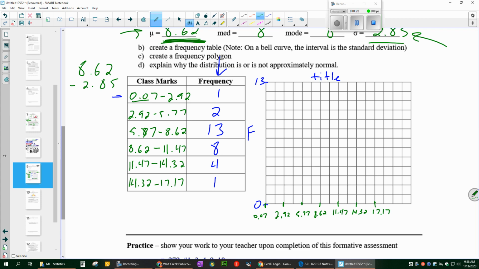All right, and then we just have to make our table of this. Between 0.07 and 2.92, that's this one. Looking at this first column, the frequency goes up to 1, so make a little box there. I'm going to alternate colors so I can see the difference between them. The next one goes up to 2. My next category goes all the way up to 13, all the way to the top.